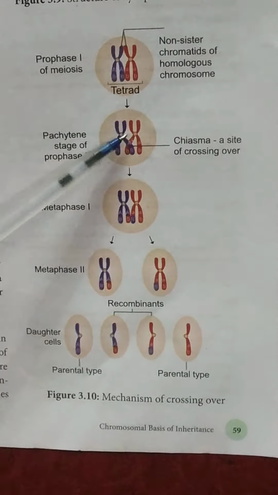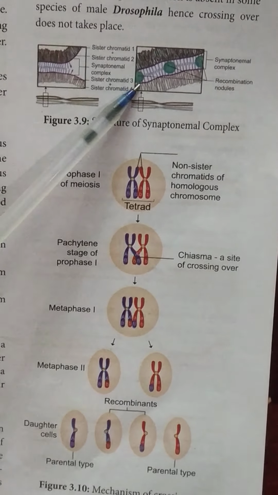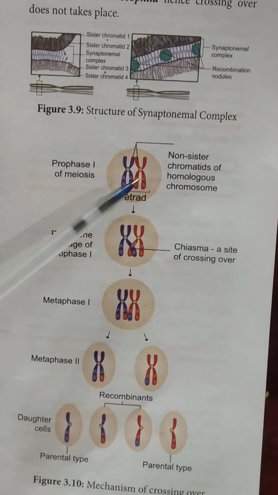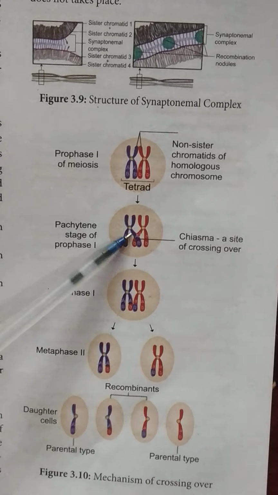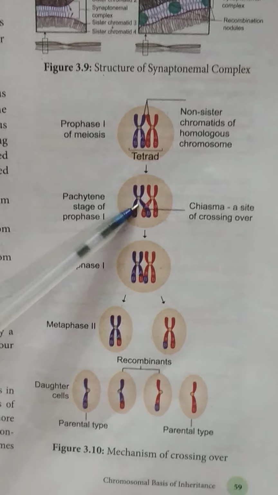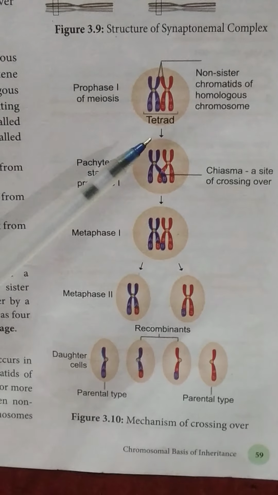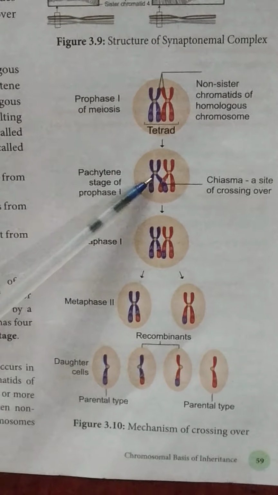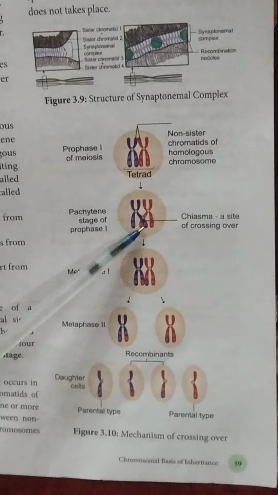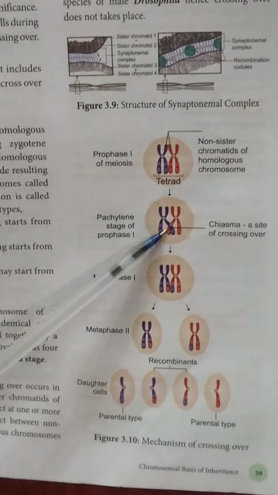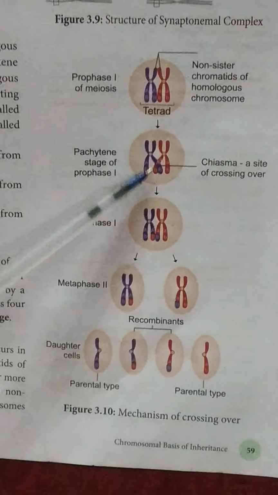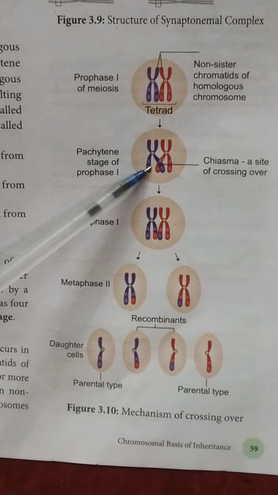The synaptonemal complex is a protein structure. It is a highly organized structure that helps crossover to take place at the homologous chromosome. But in some species like Drosophila, where the synaptonemal complex is absent, there is no crossover in such species.